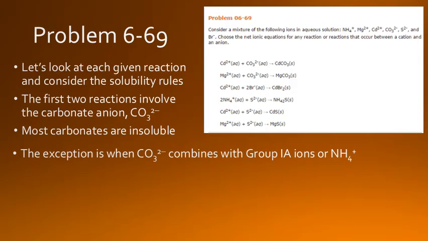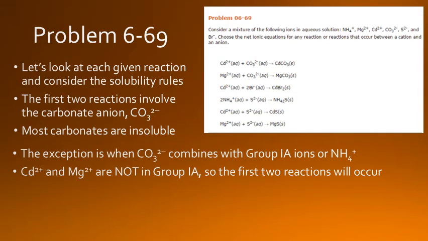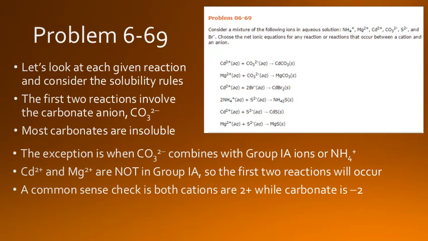So cadmium and magnesium are not in group 1A, so yes, those first two net ionic reactions will occur. So a common sense check: cadmium and magnesium, both +2. Carbonate is 2-. The attraction for those ions is pretty strong. Those will probably not be soluble and give us solid precipitates. So let's check the first two boxes.